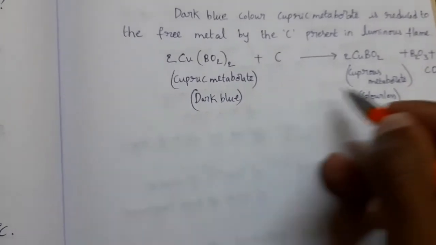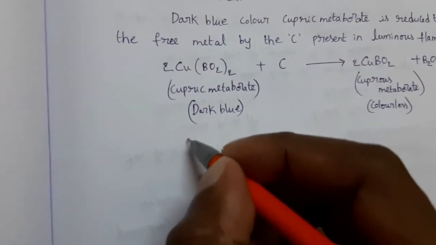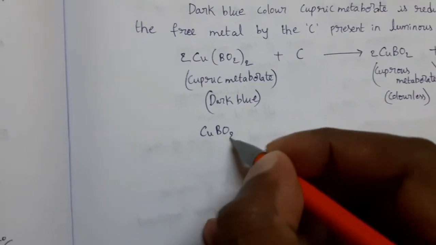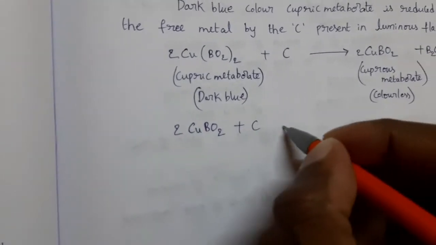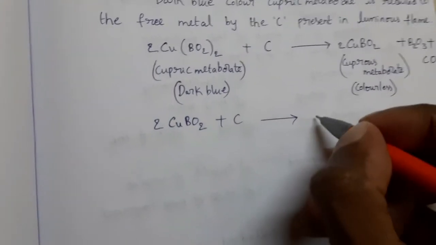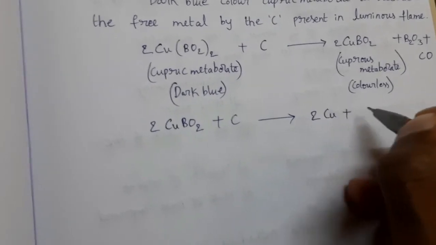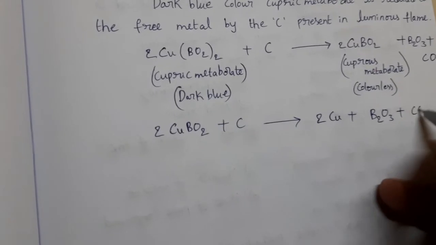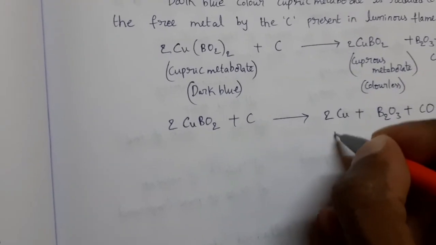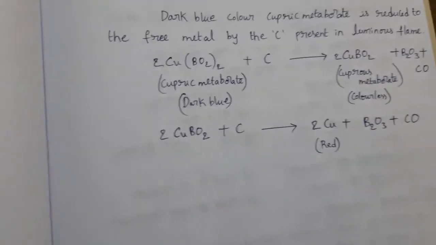Now this cuprous metaborate, CuBO2, further reacts with carbon and is reduced to copper plus B2O3 plus CO. This is red color, copper metal.